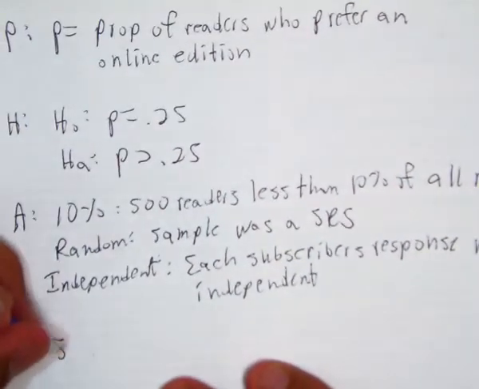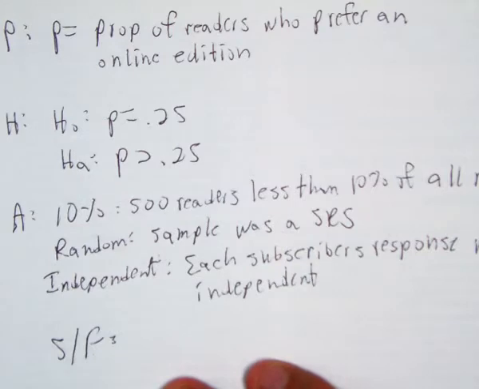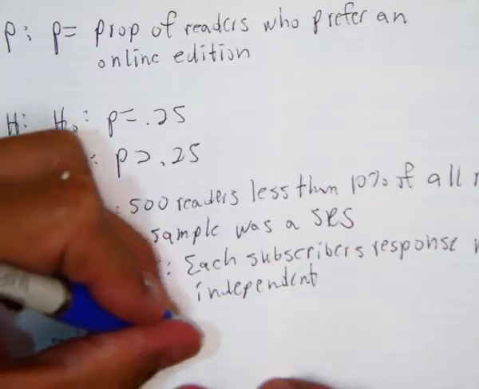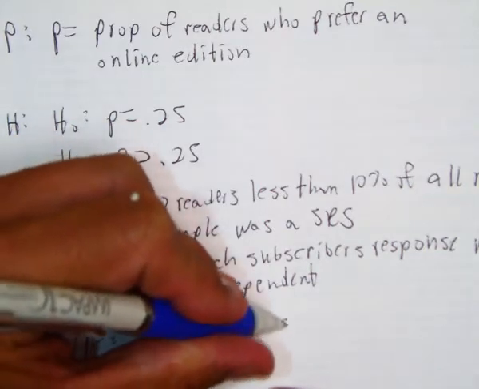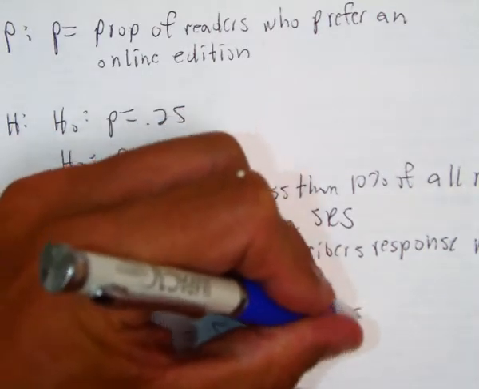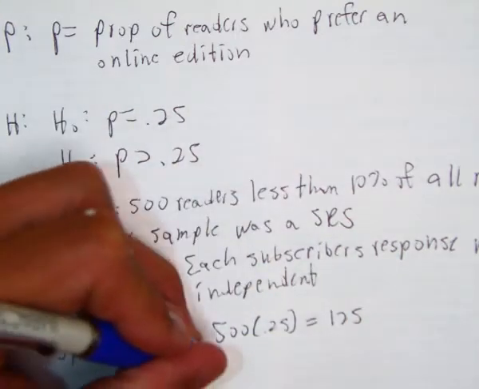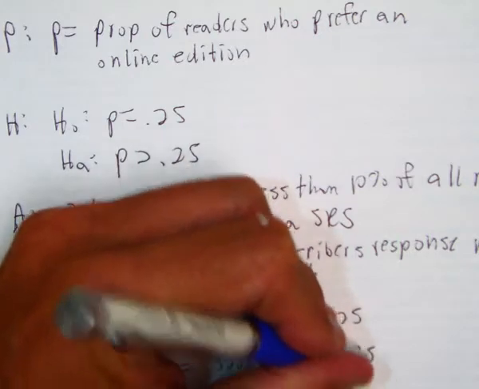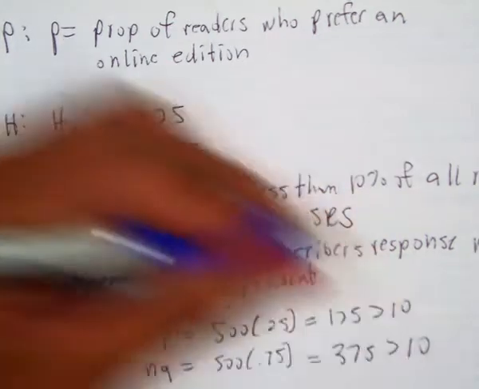And then success/failure. NP equals 500 times 0.25, which is 125, and NQ is 500 times 0.75, which is 375. Both are greater than 10.